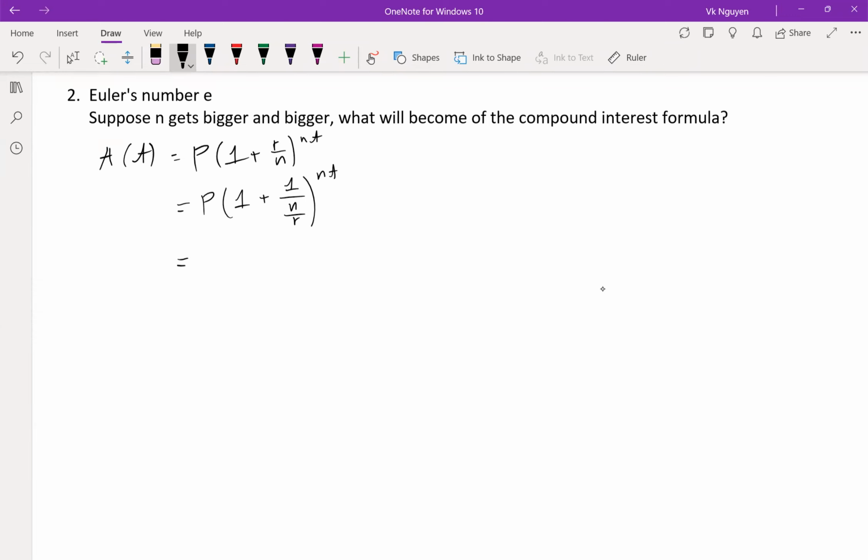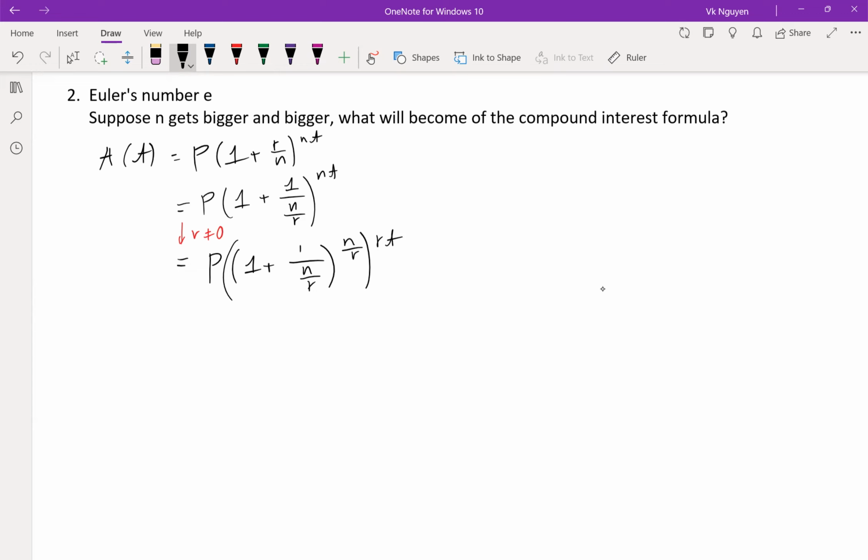Next step is, because r is non-zero, we can write this as P times (1 plus 1 over n over r) to the power n over r times rt.